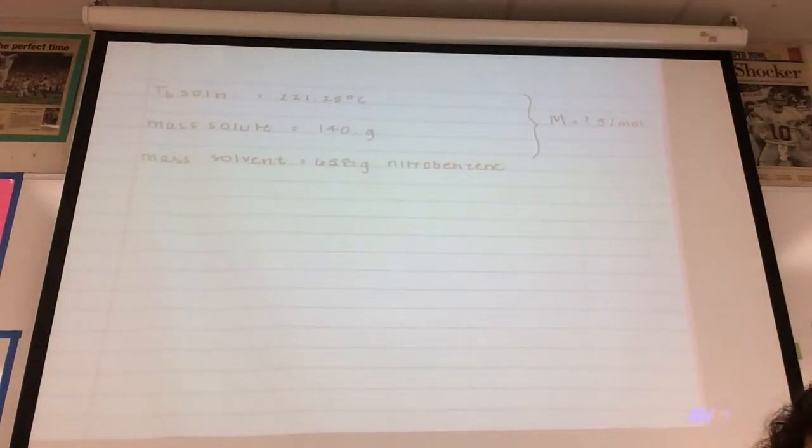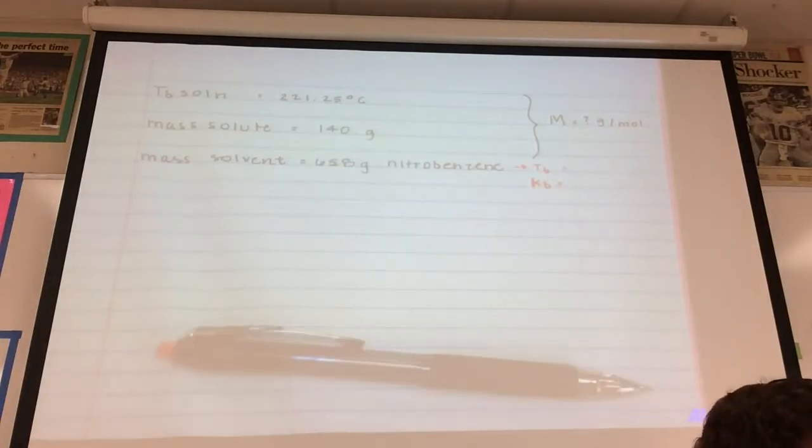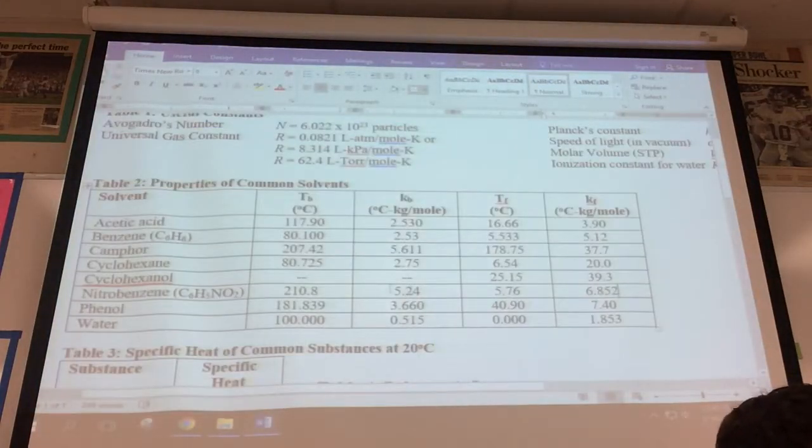Other information that you can get out right away that may be helpful to you: in regard to your solvent, you can get your boiling point and you can get your molar boiling point constant. And where would you get those from? From the back of the periodic table. You would look up your solvent, which is nitrobenzene.